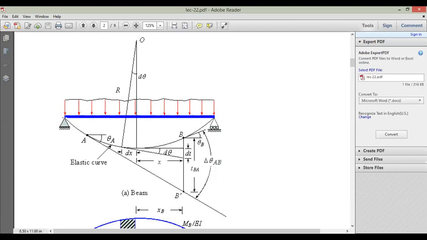knife edge support, and this deflection is measured by an angle theta A, the deflection in angular form at end A, and similarly theta B from the horizontal.